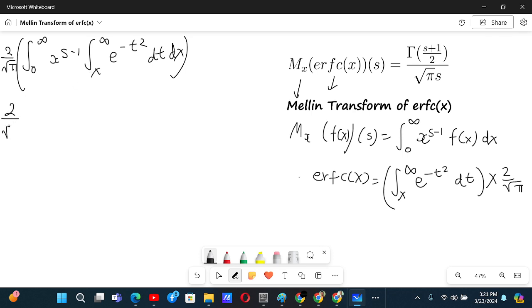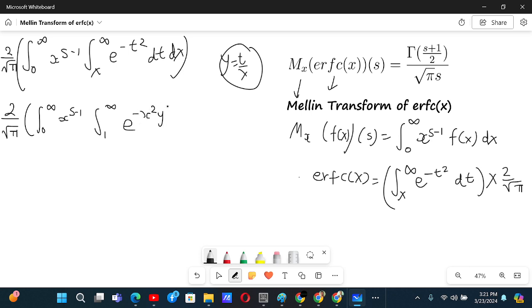So what we can do is let y equal t by x. That will solve the problem. So we have the integral from 0 to infinity of x to the power s minus 1 times the integral from now 1 to infinity of e to the power, now that will be minus x square y square, and dt will be x dy dx.